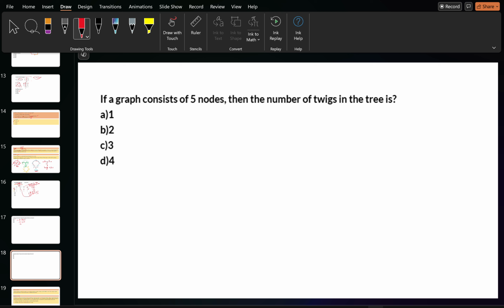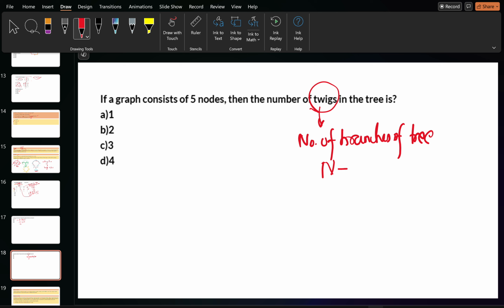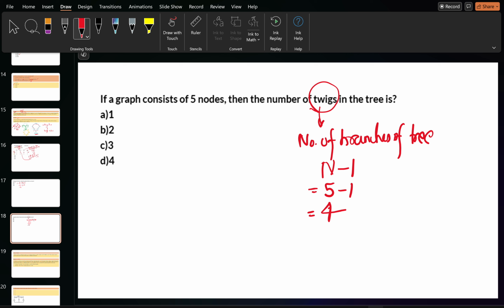Option D. Okay, that is actually correct. What is the tree? Basic definition. That is the number of branches of a tree. I have already told that it will be equal to n minus 1. Here what is n? N is 5. 5 minus 1 is equal to 4. Okay, so till here it is the basic definition problems.